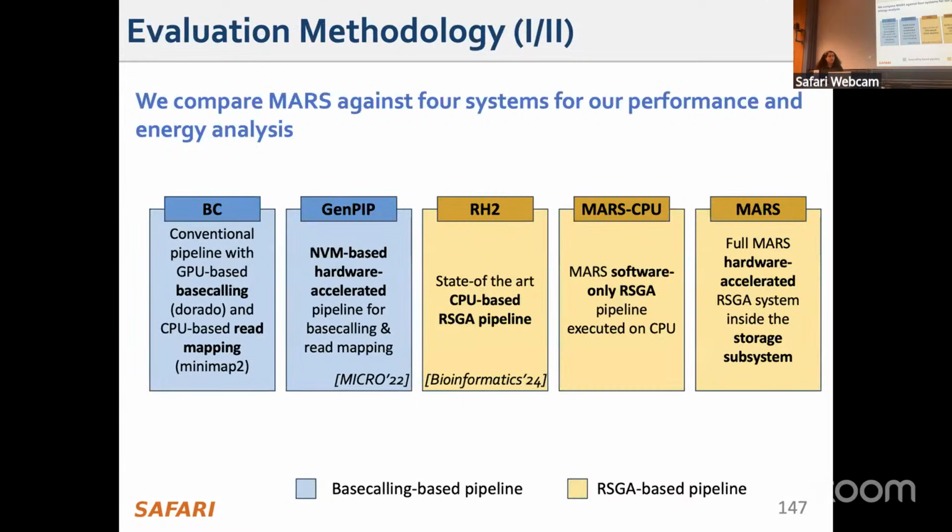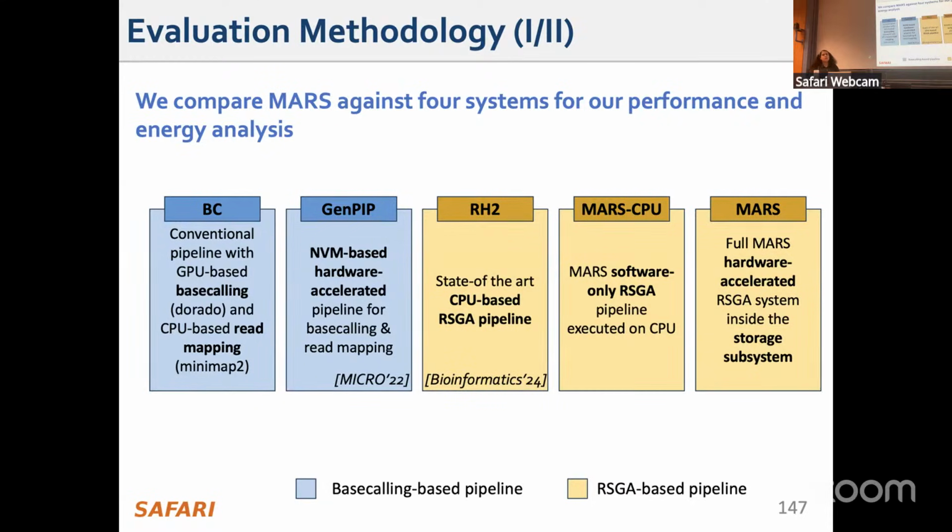So we compare Mars against four systems for performance and energy analysis. The first one, BC, uses base calling to generate ACGTs first and then does read mapping. Each of them uses conventional GPU-based and CPU-based state-of-the-art tools. Then we have GenPeep, a non-volatile memory-based hardware accelerator pipeline for base calling and read mapping.